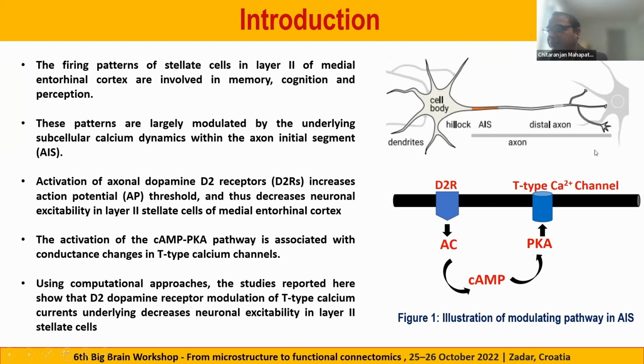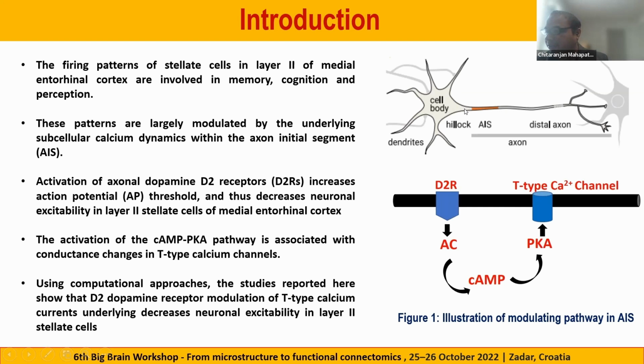So, the AIS firing patterns. This region is rich with excitable ion channels, particularly sodium and calcium ion channels, and the density of these ion channels is high in the AIS and the soma region.